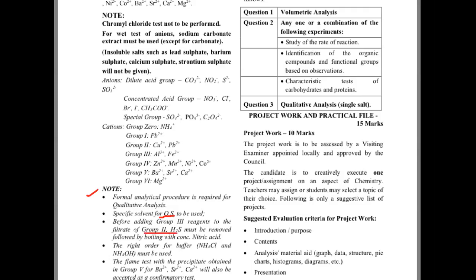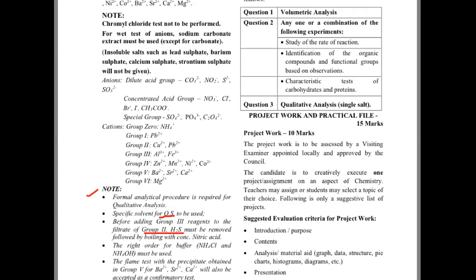H2S must be removed, followed by boiling with concentrated nitric acid. The right order of the buffer, NH4Cl and NH4OH, must be used. And of course, the flame test with the precipitate obtained in group 5 can be taken as one of the confirmatory tests. This is from your syllabus.